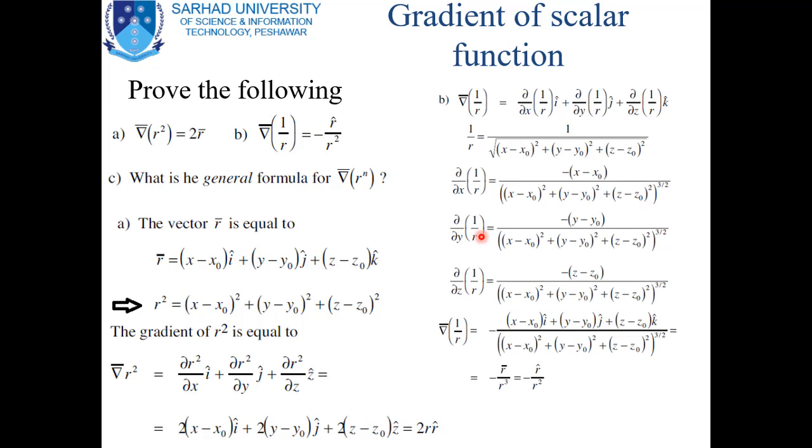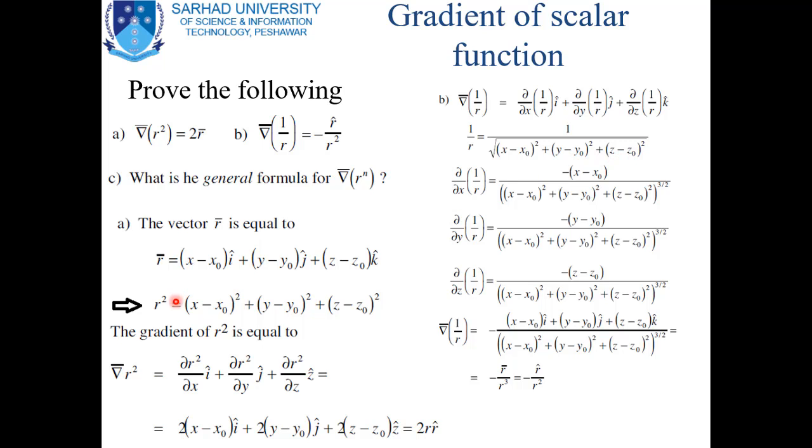In part B, we have to prove that the gradient of 1 over r is equal to minus r cap divided by r square. So we write 1 divided by r, where r represents the magnitude of the position vector, and for r we write the square root of (x minus x naught) square plus (y minus y naught) square plus (z minus z naught) square.